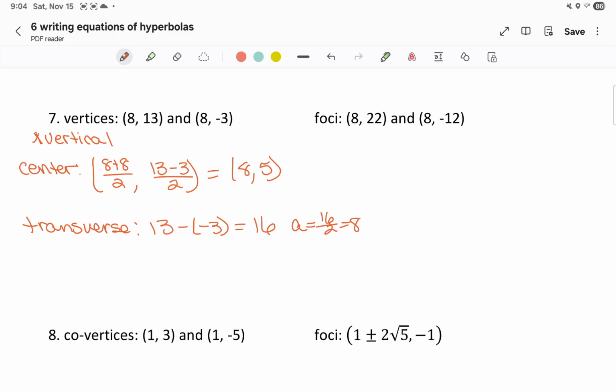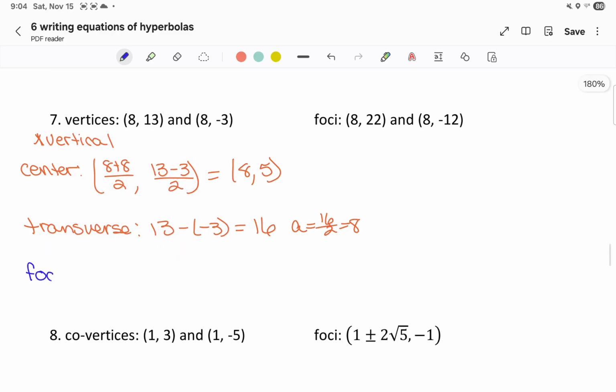And then for our foci, which is C, we have 22 minus a negative 12, which is really 22 plus 12. And so that is 34. So C is going to be 34 divided by 2, which is 17.